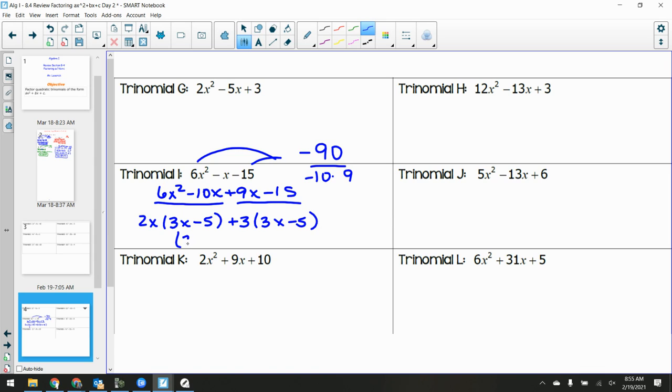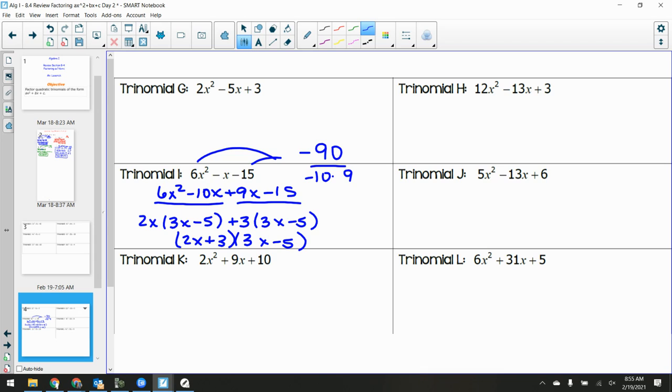So my solutions are 2x plus 3, 3x minus 5. So I go down and I look for my 2x plus 3. That's either a color or a number. And then I go and look for the 3x minus 5. That's either the color or the number. And then I match them up and I say, okay, that one's number and color, and you know how to color it from there.